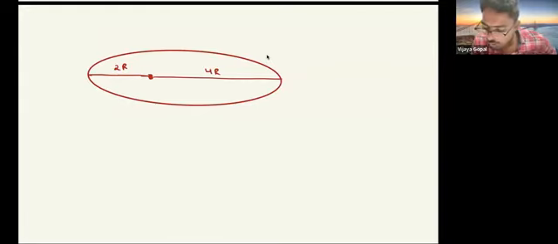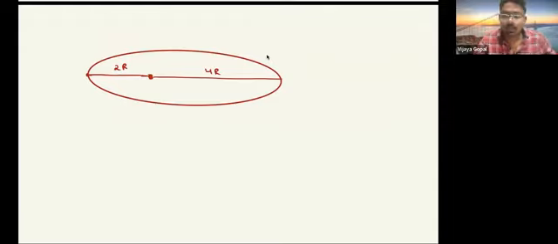Now what were they telling? After 2r and 4r, they're asking us to find angular momentum. So the minimum and maximum distances they gave. Fine. So angular momentum of a satellite about the center.